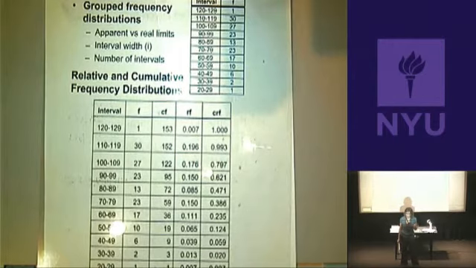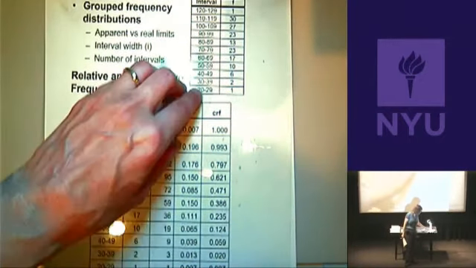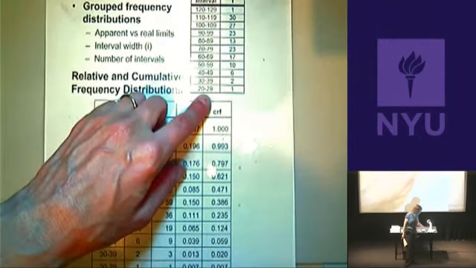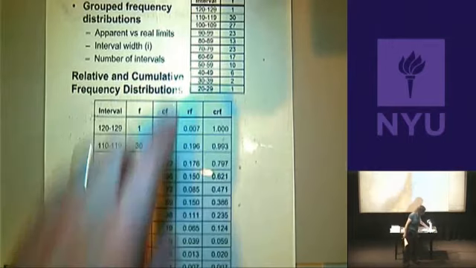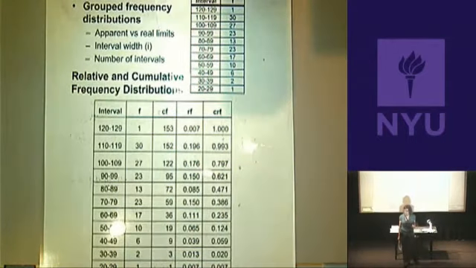Okay? So, therefore, we need the real limits. The real limits, like to get this bottom value, are 19.5 to 29.5. So that interval width is 10. When we write it down, these are called the apparent limits. So we write it with the apparent limits, but we calculate it with the real limits.